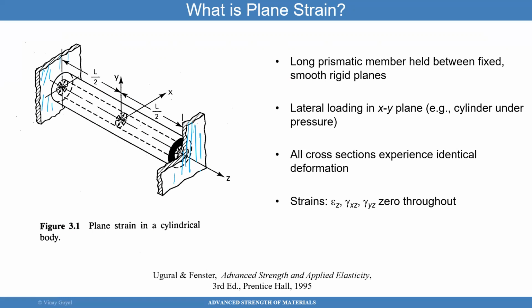So there's a lateral load applied in the XY plane. So say you have a pressure load applied on this cylinder. Let me just take this here to illustrate. So this is the pressure vessel, and I'm applying pressure there.